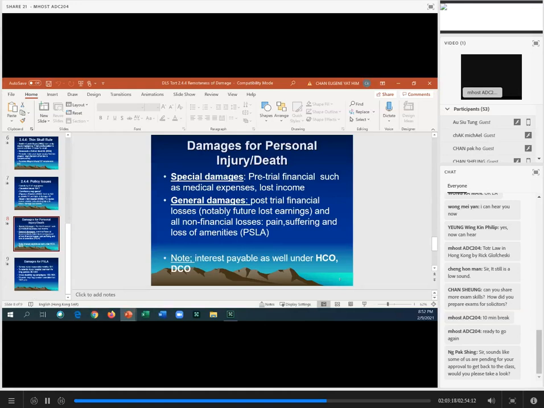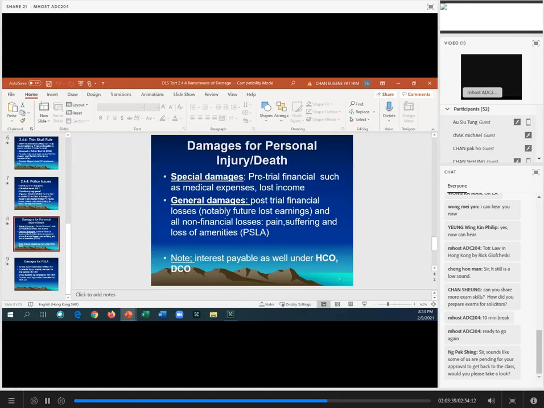But then there are other damages you can claim, and these are called general damages. These are post-trial financial losses, notably future lost earnings. This is where the court has to look into the future and figure out how much money you would have earned if you weren't permanently injured.